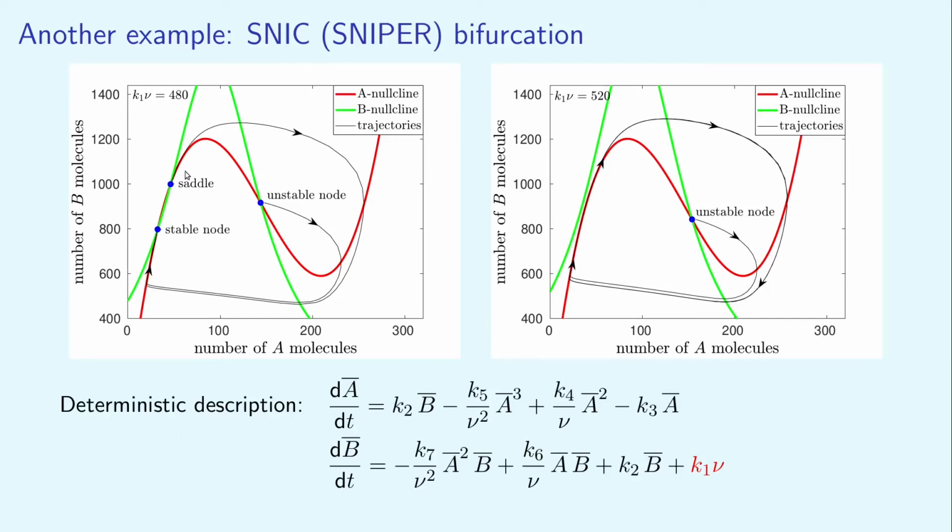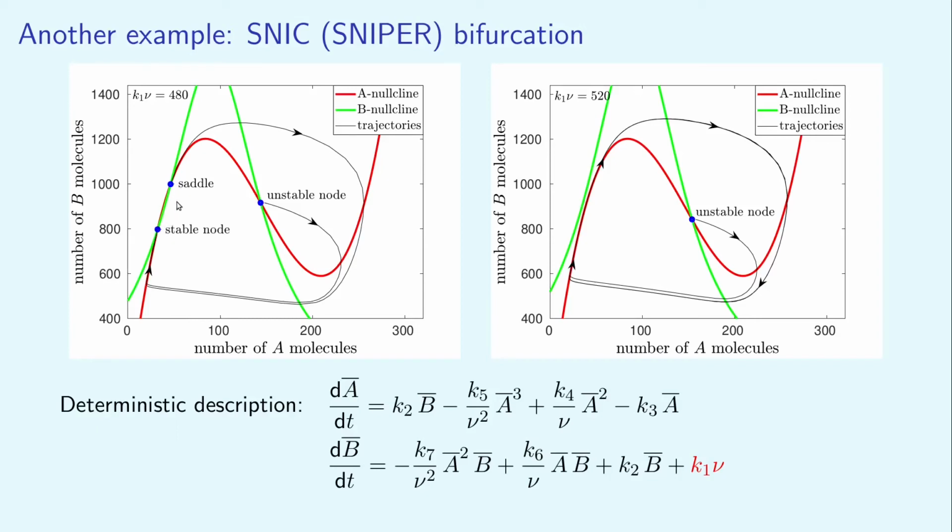It is named as a SNIPER bifurcation, which stands for saddle, node, and infinite period cycles. Or SNIC bifurcation, which stands for saddle, node, invariant circle bifurcation. In this bifurcation, a stable node and saddle point simultaneously occur on a limit cycle.